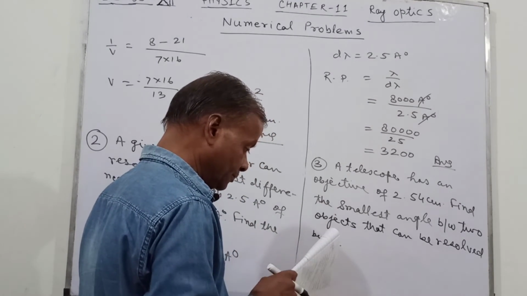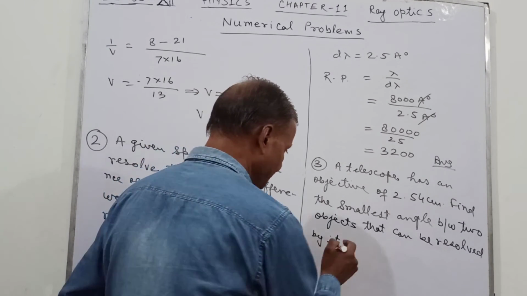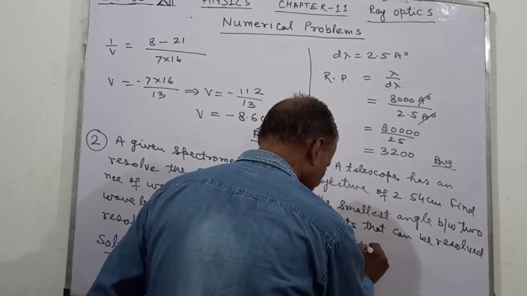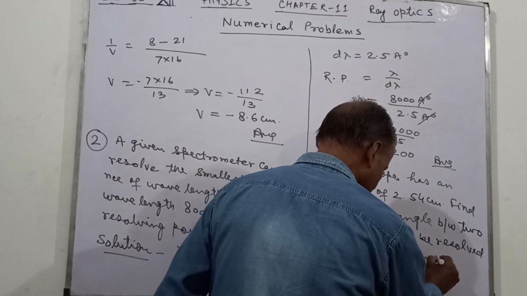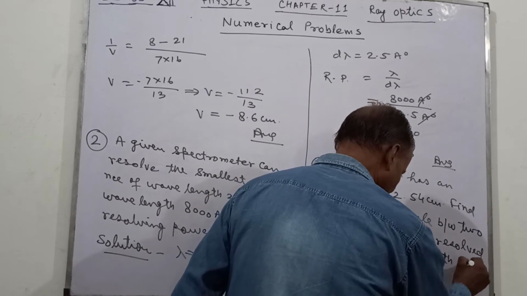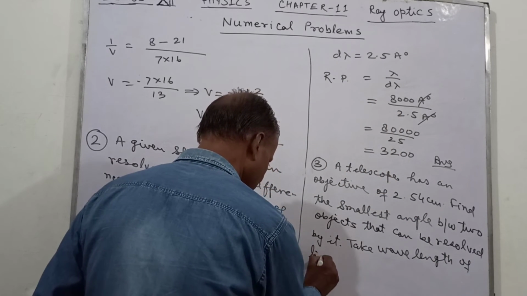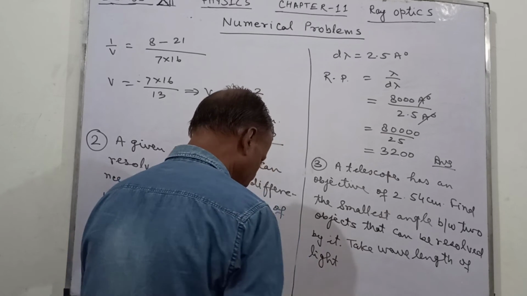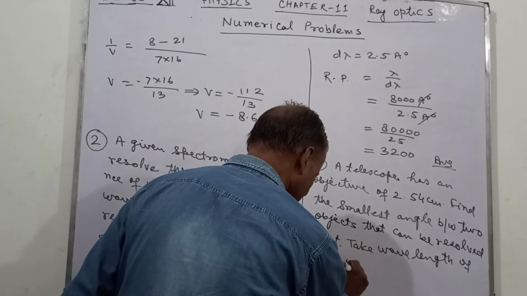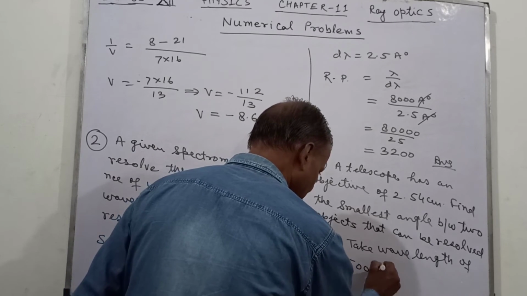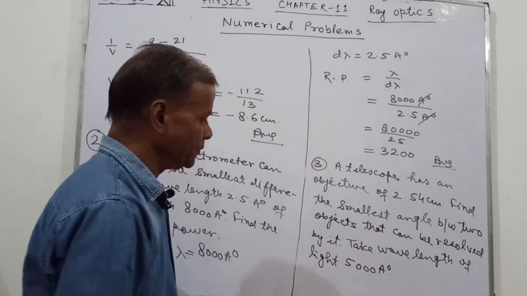Take the wavelength of light 5000 angstrom. This is given in the question.